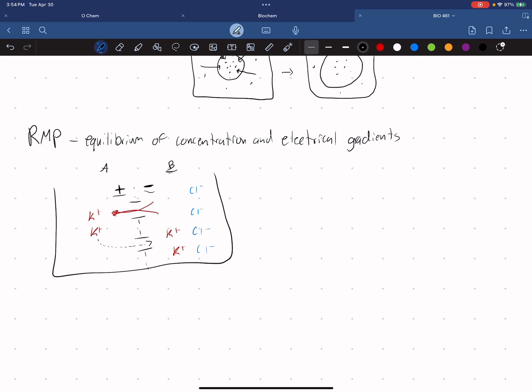And so when the motion of the concentration gradient going this way with potassium and the electrical gradient bringing it back this way, potassium is at an equilibrium, that is what we call the resting membrane potential.